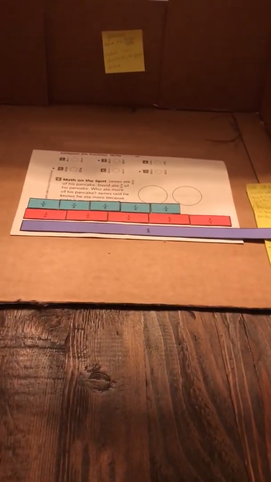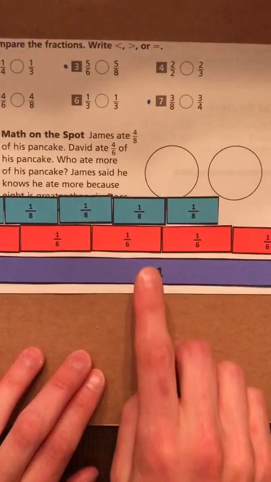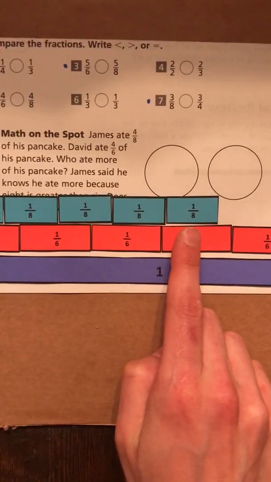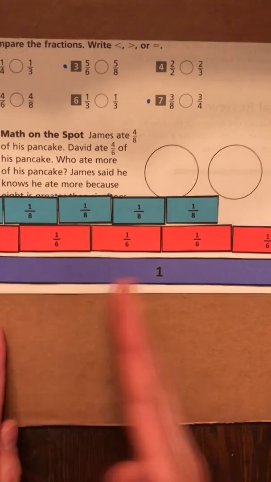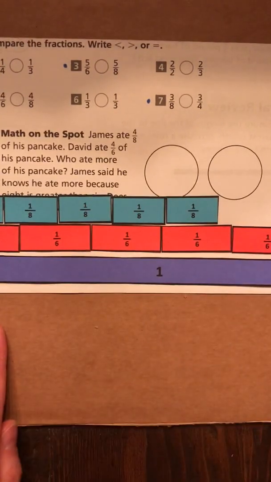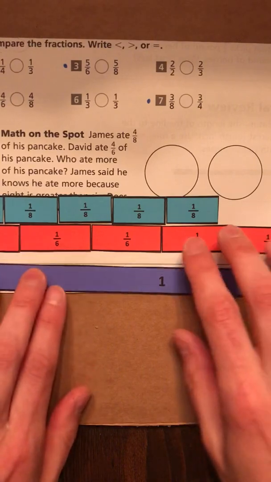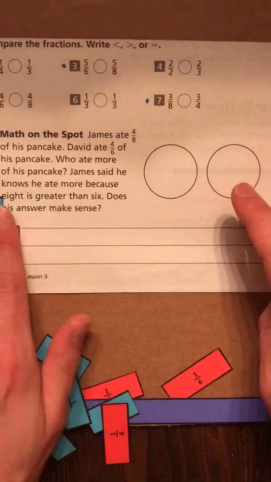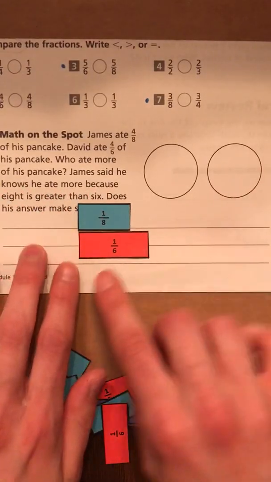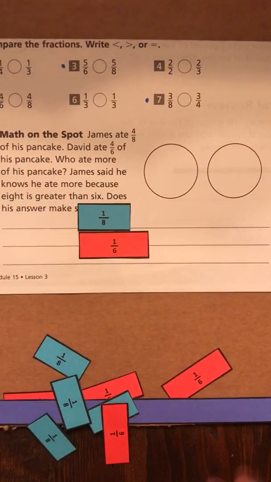Let me just take my camera out and show you guys down here. So again, to reinforce that rule, 5/8 is a smaller fraction because I took my whole and I broke it up into eighths. So those 1/8 size pieces are going to be smaller than if I was breaking my 1 whole up into sixths.